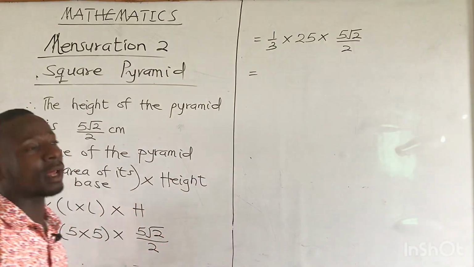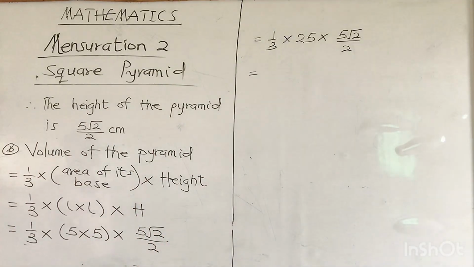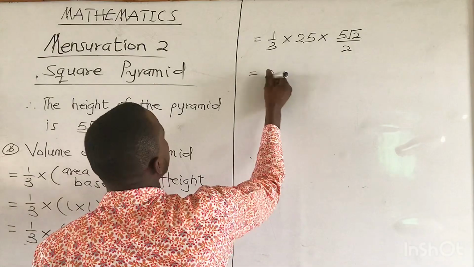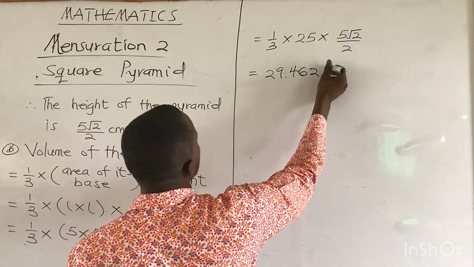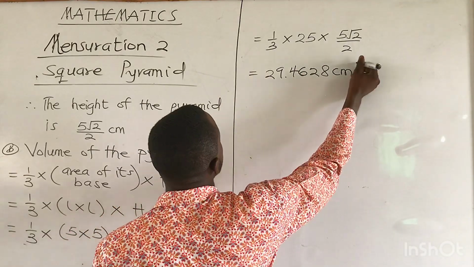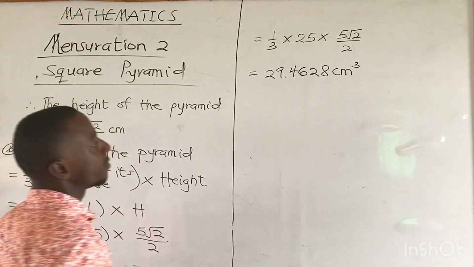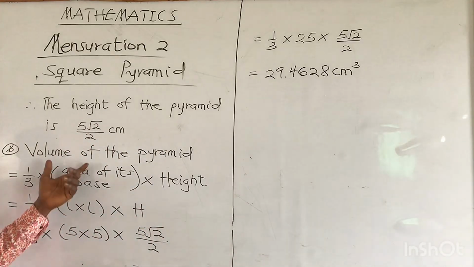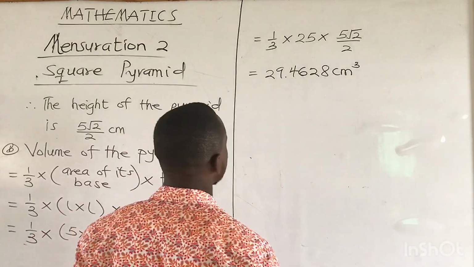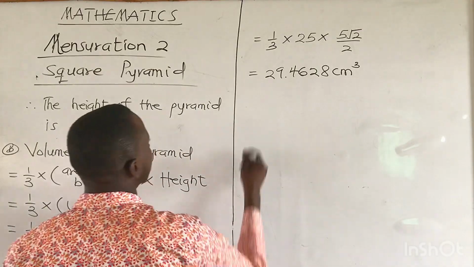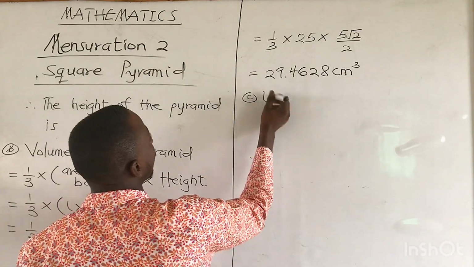And when we multiply 1 over 3 by 25 by 5 root 2 over 2, we are going to get 29.4628 centimeters cube. Centimeters cube because you are looking for the volume of the pyramid. So this will be our final answer.